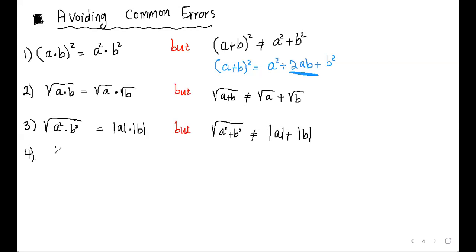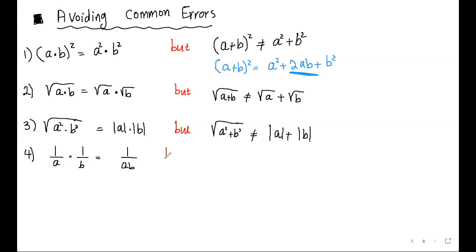Number 4, 1 over a times 1 over b is equal to 1 over, we multiply both of the numerators, multiply both of the denominators, ab. But this is not true for addition.